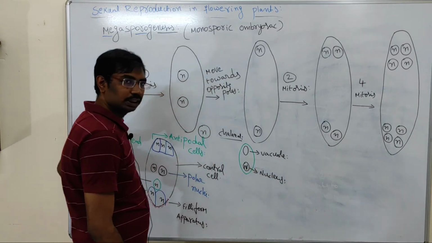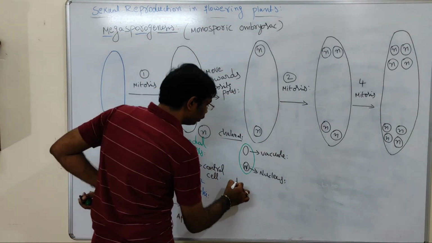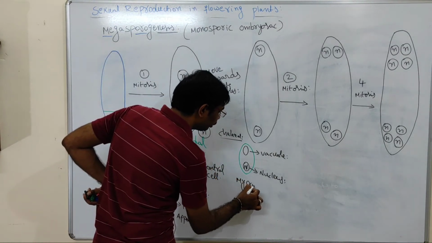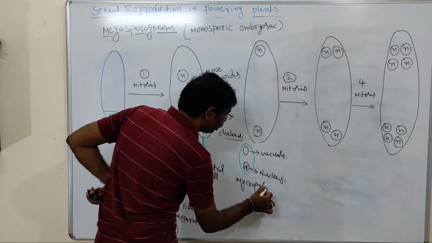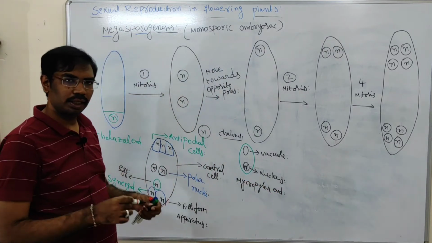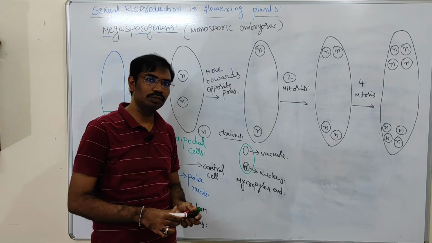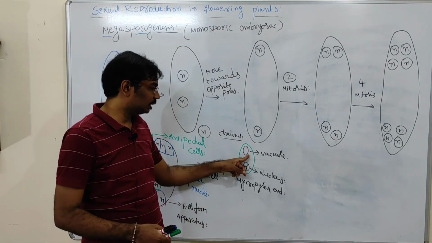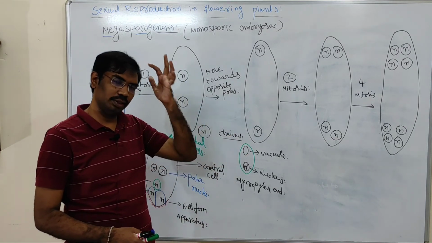The synergid nucleus is present towards the micropylar end, and the vacuole of the synergid is present towards the chalazal end.